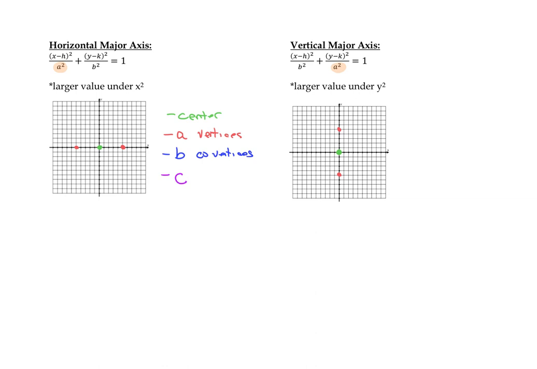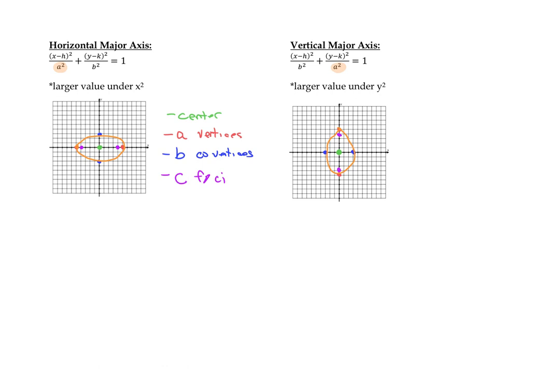Those would be the co-vertices. And then I'm going to make my foci 4, and they're on the same axis as the vertices. And so this is a horizontal ellipse with a major axis, and this is the vertical major axis.